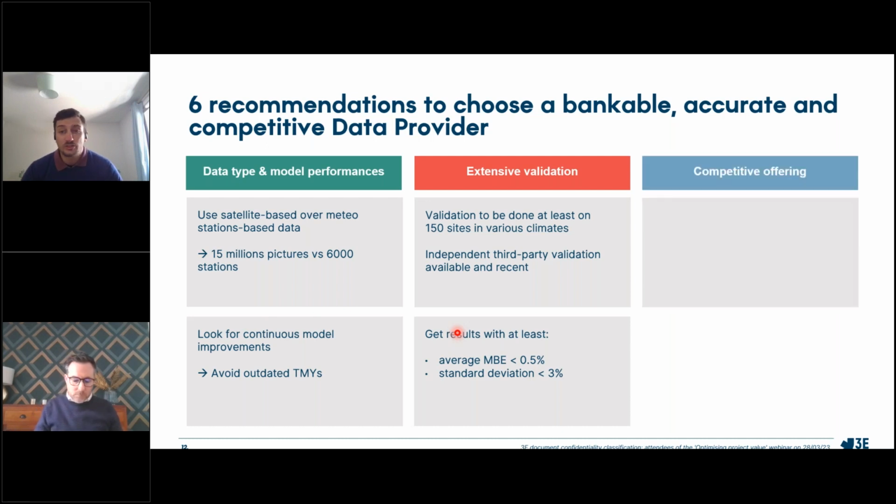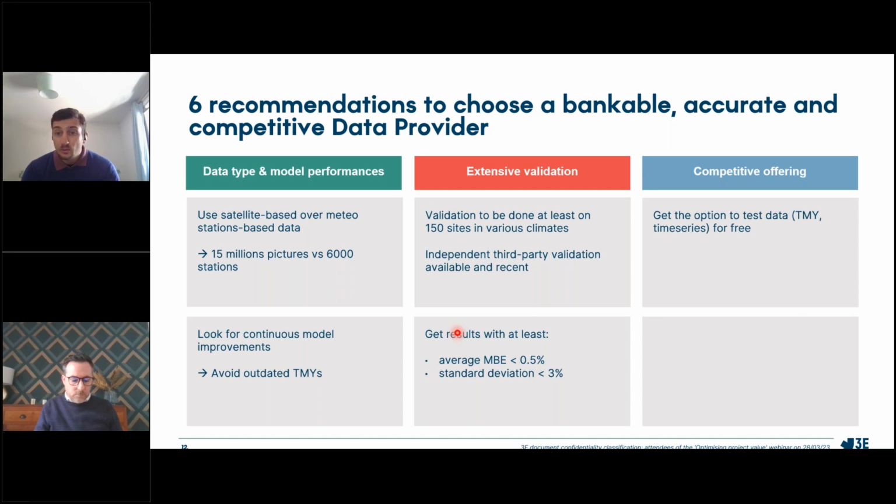Last recommendations, the last two. We believe that solar data have to be accessible to everybody. In terms of usage, we also truly believe that it's experience that brings you confidence in a specific database, or more than one actually.